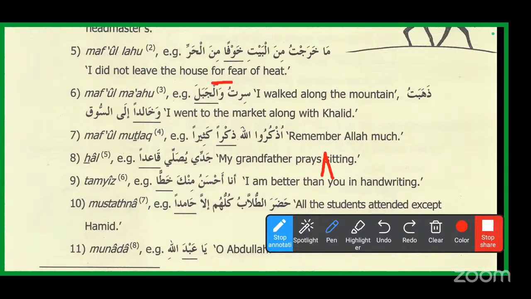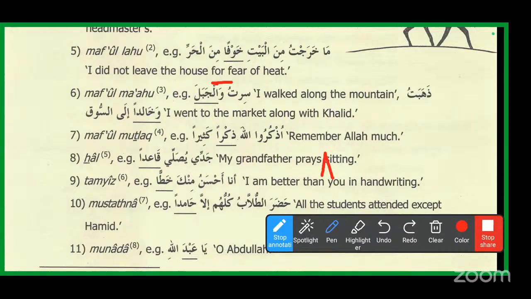You can say "because of the fear of heat". So when you are explaining an adverb, when you are explaining these maf'ul, then you have to explain them. Like, is it "because" or "while"? What type of maf'ul is it?